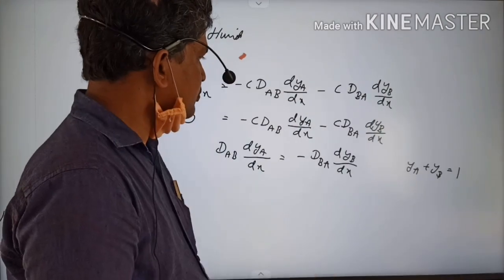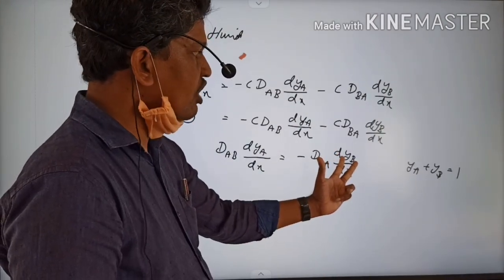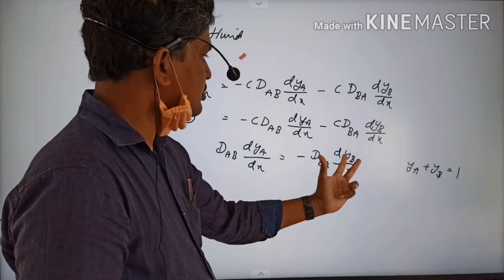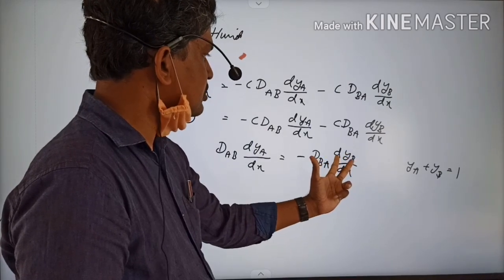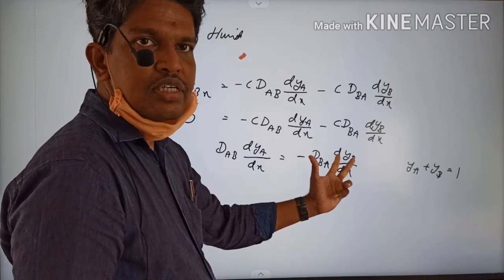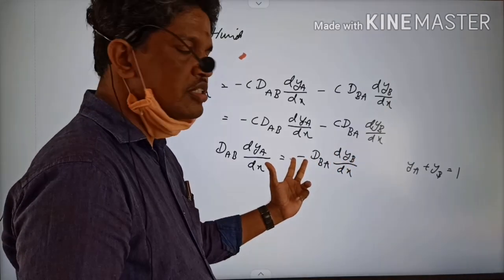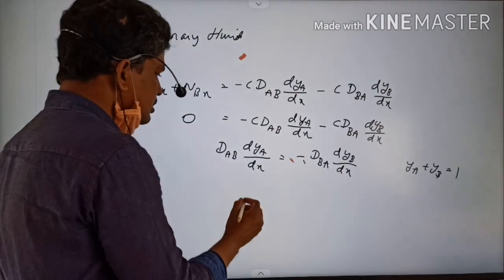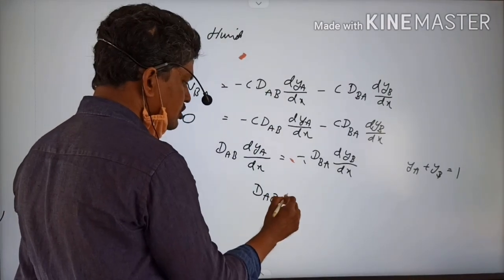So if you substitute yB is equal to 1 minus yA, the differential of 1 is 0. So we will get minus dyA, and minus into minus is plus. So we will get DAB is equal to DBA.